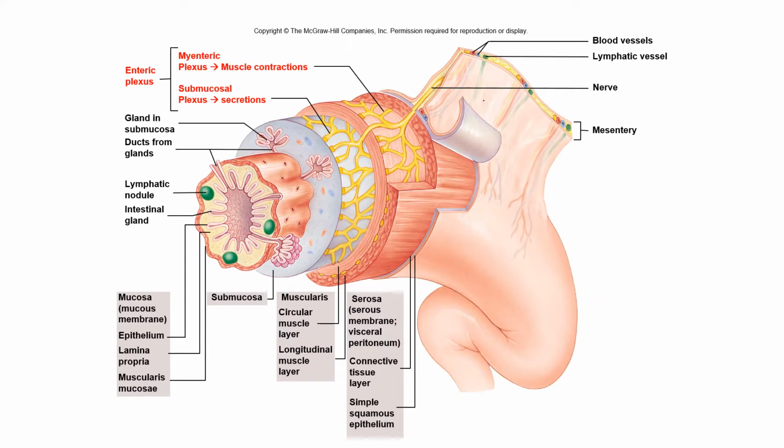The deepest layer of tissue in the GI tract is the serosa layer. The serosa consists of the visceral peritoneum. This is the layer of serous membrane that covers most organs of the GI tract.